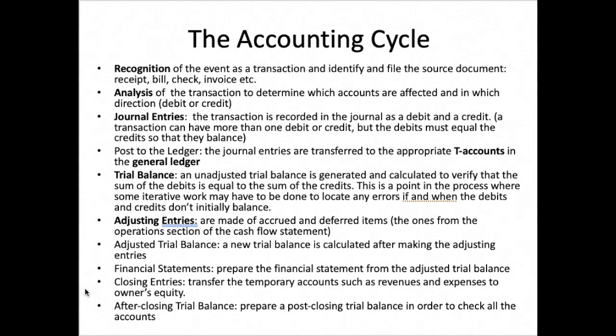And after closing the trial balance, you prepare a post-closing trial balance in order to check all the accounts one last time. So this is a thorough accounting cycle and how you'd step through all of these steps to get from entering all of the journal entries, and then creating a general ledger, checking the trial balances, and creating financial statements.